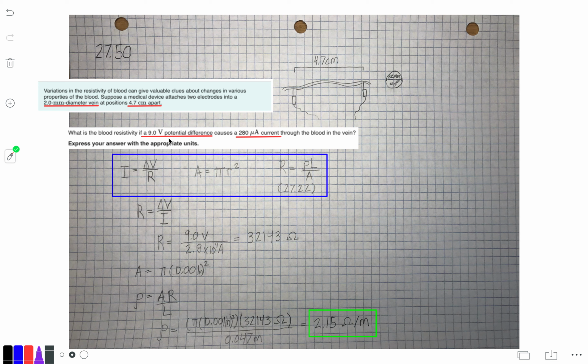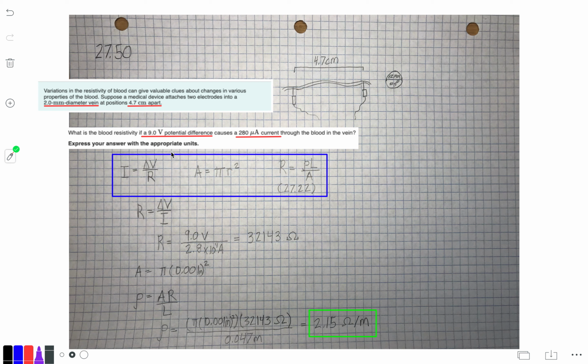So we're given, as I said, the distance of the electrodes apart as well as the diameter of the vein, but we're also given the potential difference as well as the current of the blood in the vein, excuse me.